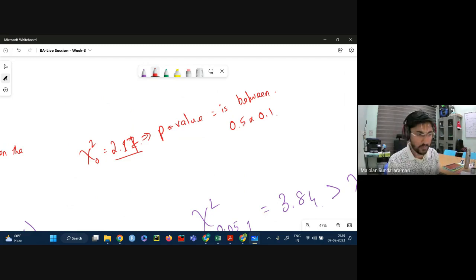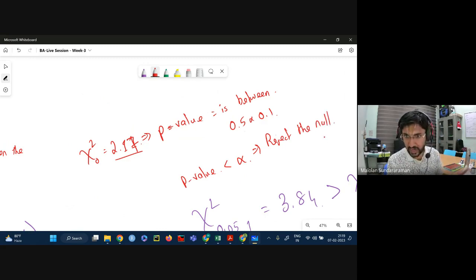Now, is this significant? That is the question. If your p-value is less than the alpha, then you reject the null. In our case, we have taken an alpha of 0.05.